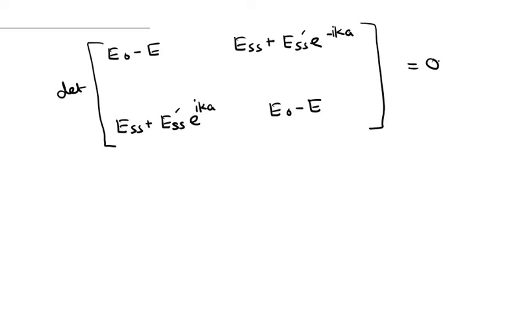So it's a plain simple way of finding eigenvalues. So this basically gives us two values.